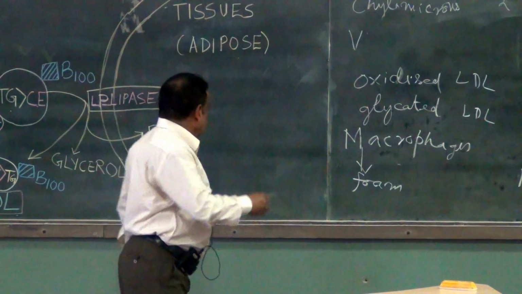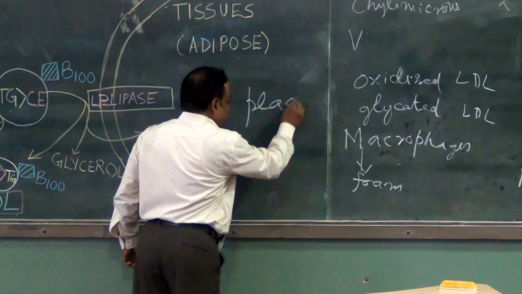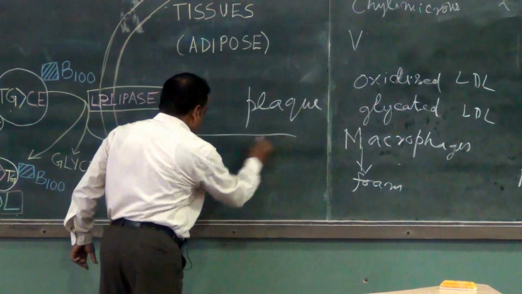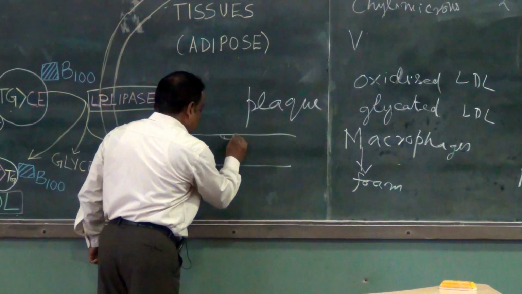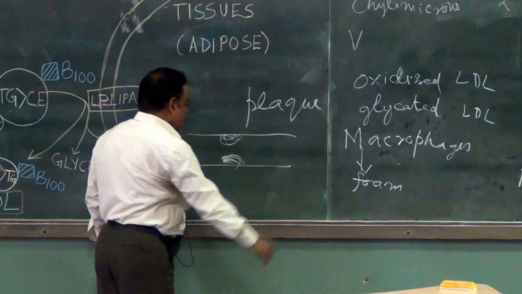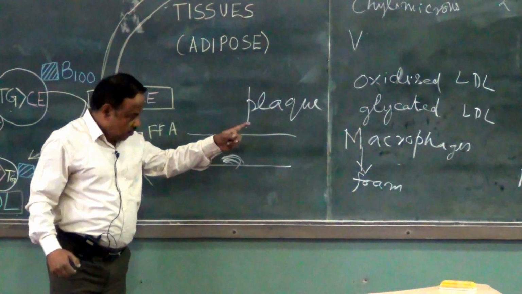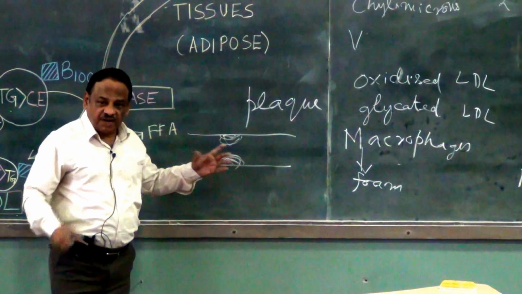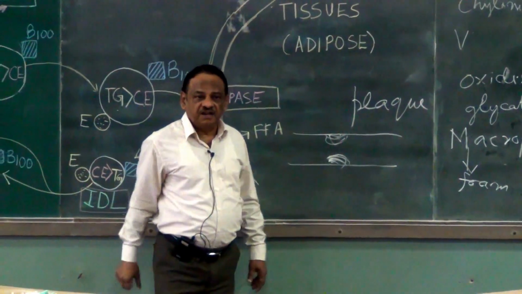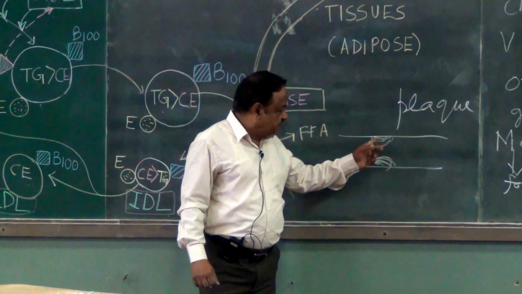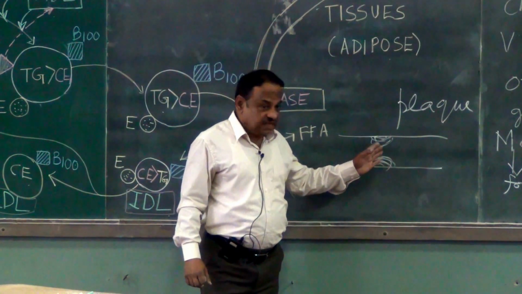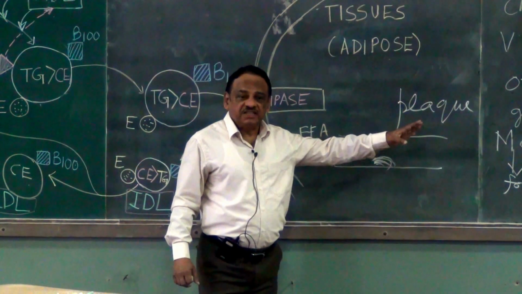It will form an atherosclerotic plaque. So the deposition of this cholesterol plaque increases, further narrowing the arterial lumen, and a stage will come when there is a full block, and this can lead to the lack of blood supply to various organs.